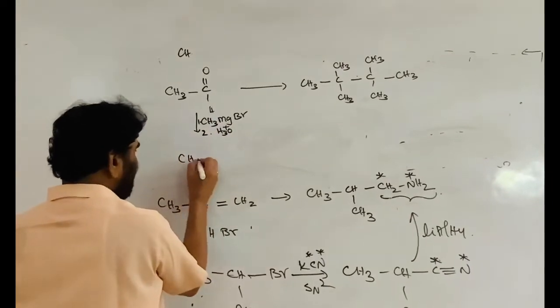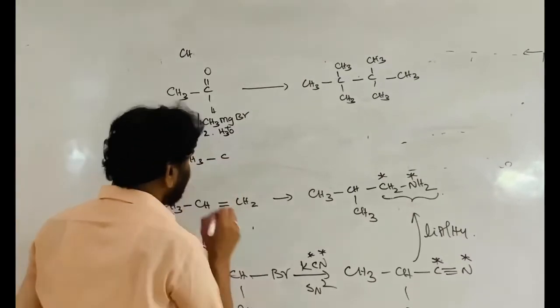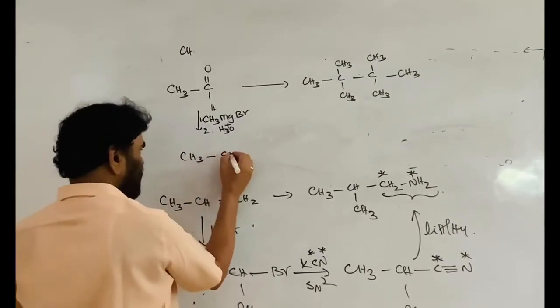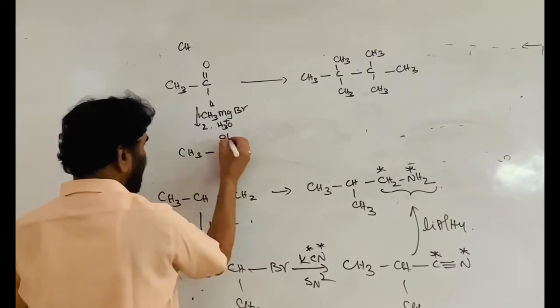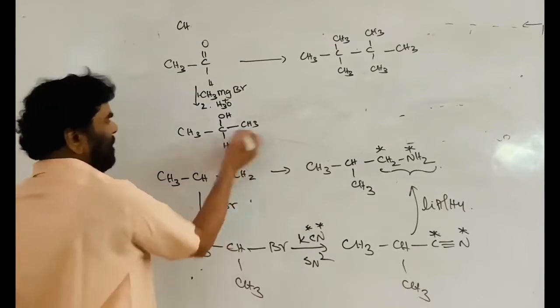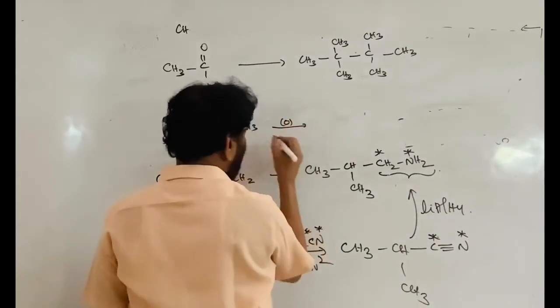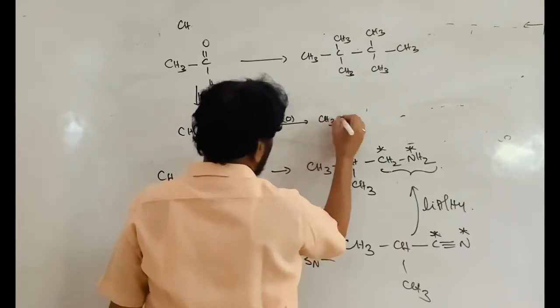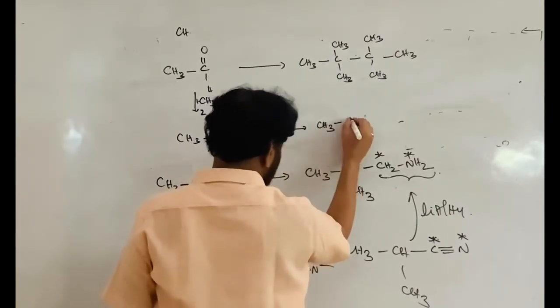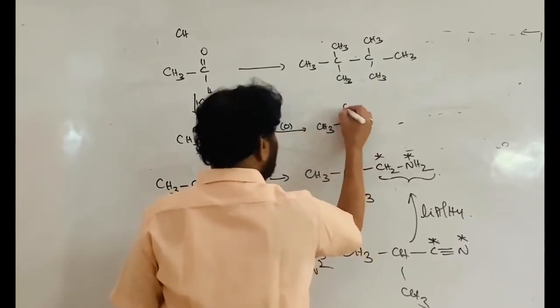You are familiar with these reactions, that's why I am writing this: OH, CH3, this is H, isopropyl alcohol. On oxidation of isopropyl alcohol with Collins reagent or this one, acetone is formed.